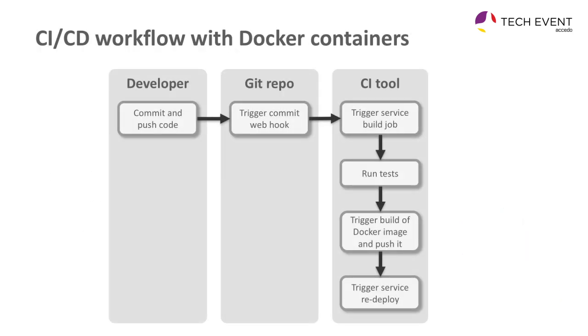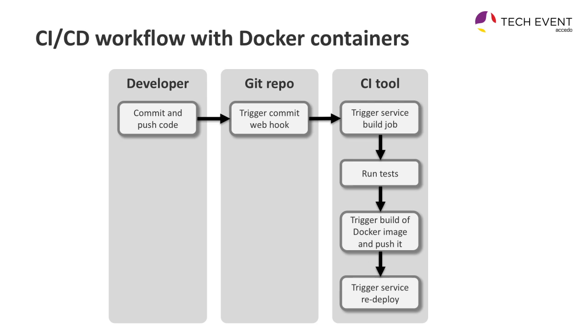The last thing I have on my slide is the continuous integration and continuous delivery workflow with containers, which is also important for continuous deployment of microservices. As a developer, you commit code and push to your Git repo. Your Git repo then triggers a commit webhook, which is normally listened to by your CI tool, Jenkins in our case.